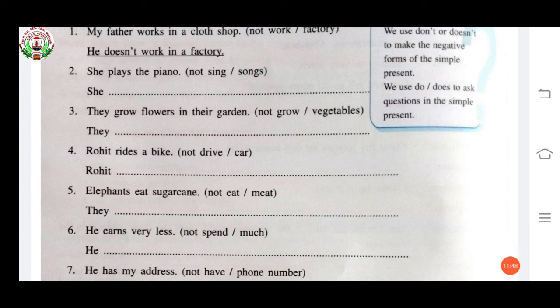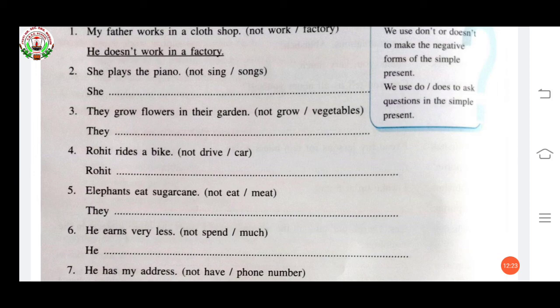Now sixth one. He earns very less, not spent much. He is singular, so we are using doesn't. He doesn't spend much. Now seventh, he has my address, not have phone number. Again he is singular, so doesn't will come. He doesn't have my phone number.